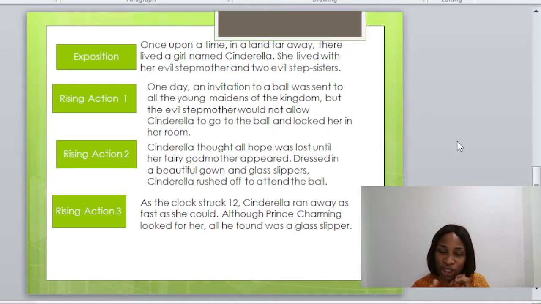Cinderella rushed off to attend the ball. As the clock struck 12, Cinderella ran away as fast as she could. Although Prince Charming looked for her, all he found was a glass slipper.